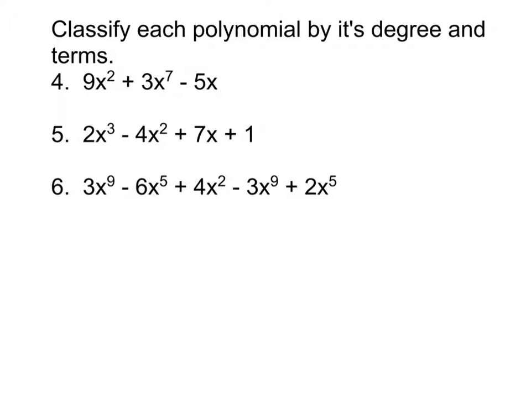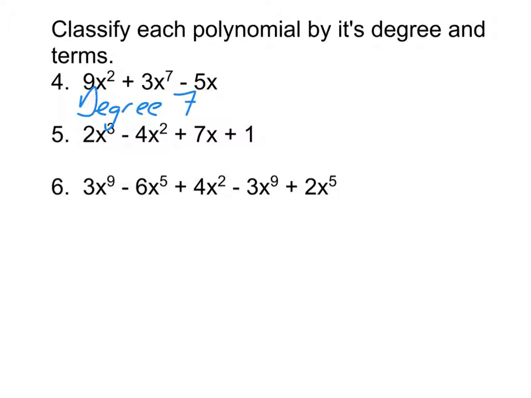It's the 7. But we don't have degree 7 in our notes. So what do we do if it's out of our notes? Well, we just say degree 7. If we don't have a special name I'm expecting you to know for it, then you just label it degree 7.